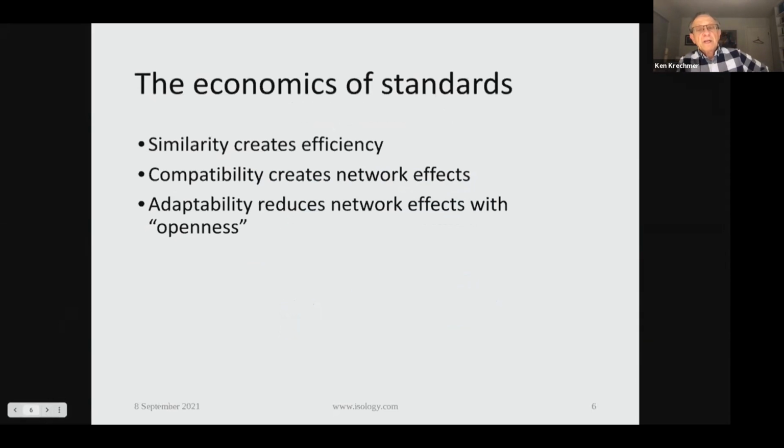So the economics of standards. Similarity creates efficiency, and it creates the ability to make investment in many cases. Whereas compatibility, the economics term creates network effects.